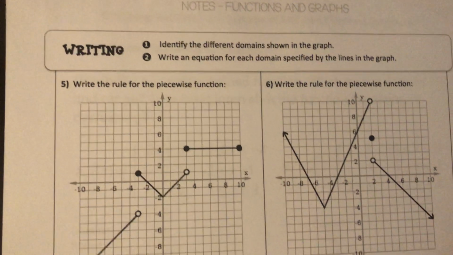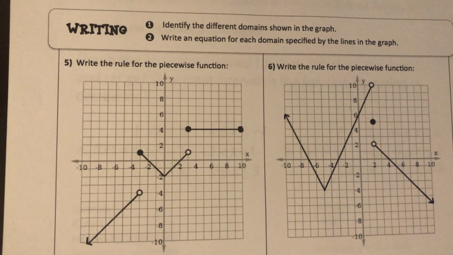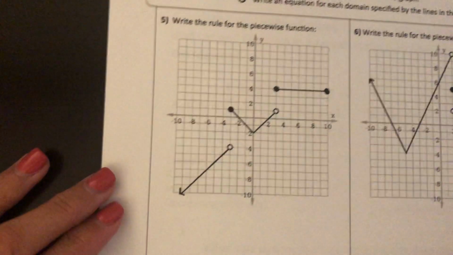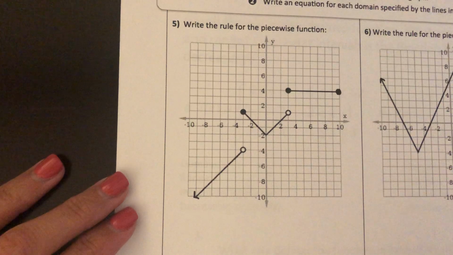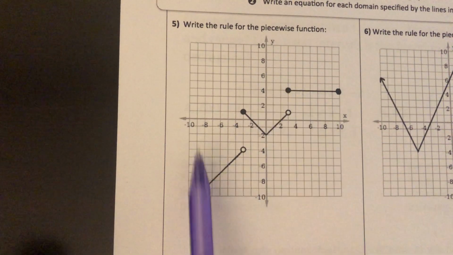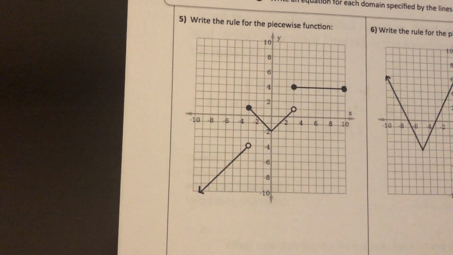So let's start with this worksheet, this part of your note worksheet here. And we're going to start with number 5. We're going to be writing the piecewise function rule for this piecewise function graph here.